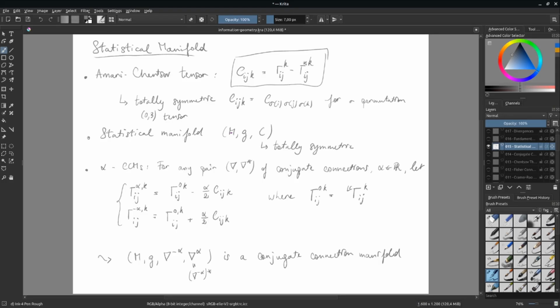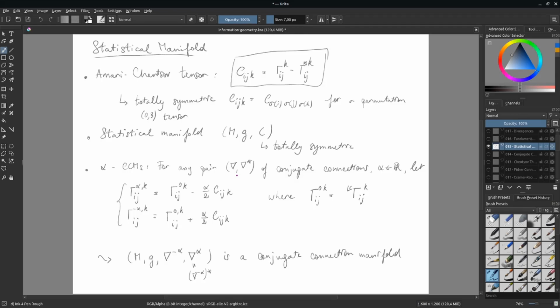And the nice thing is, if we have a pair of conjugate connections, we can generalize this notion to alpha connections, or alpha conjugate connection manifold, sorry.